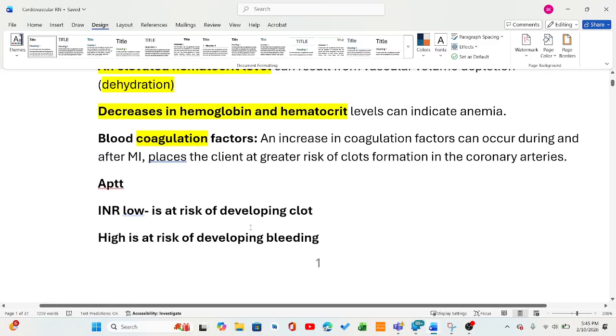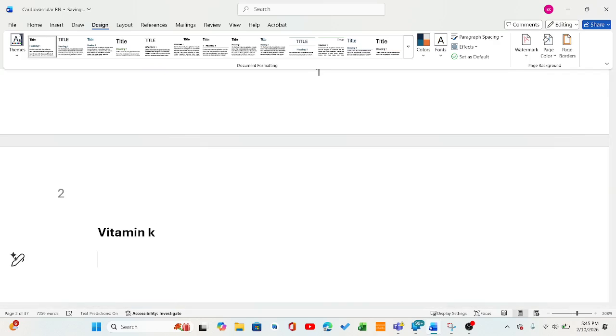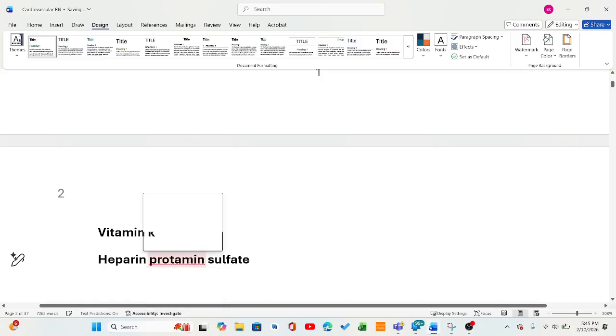On the other hand, if the person is on heparin, there's one thing that you need to know. Heparin's antidote is protamine sulfate, okay?